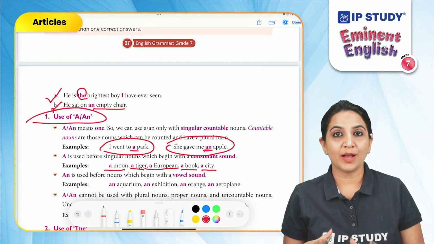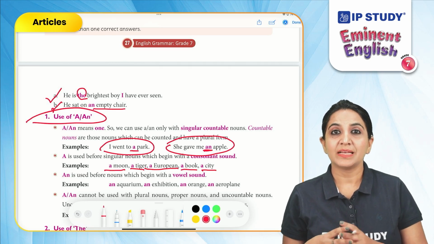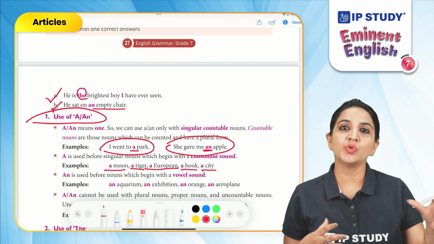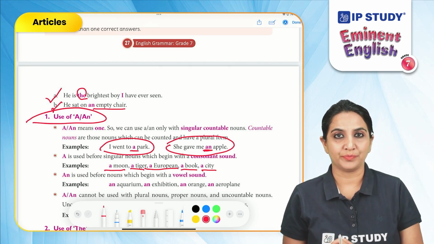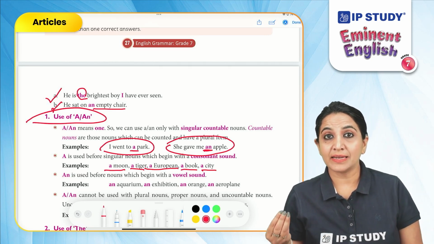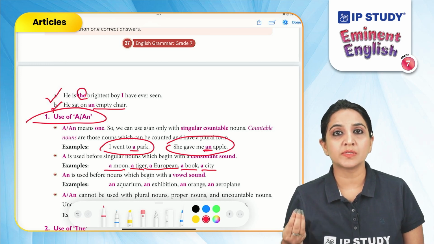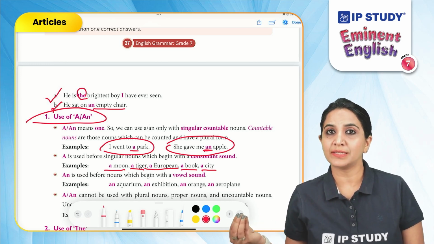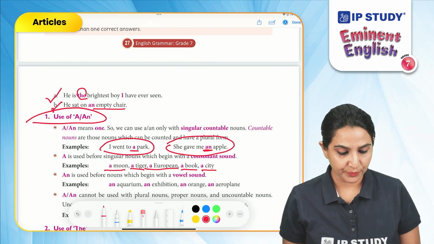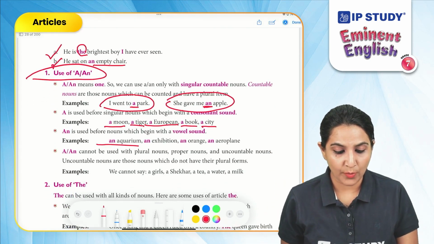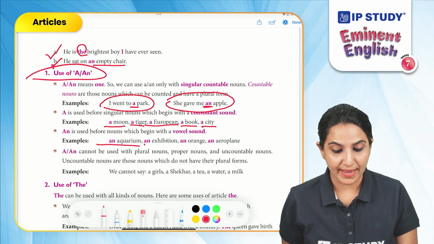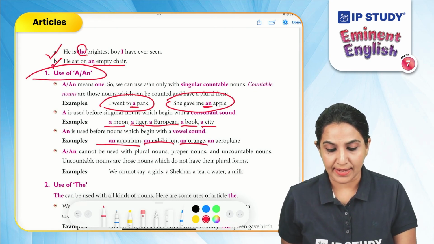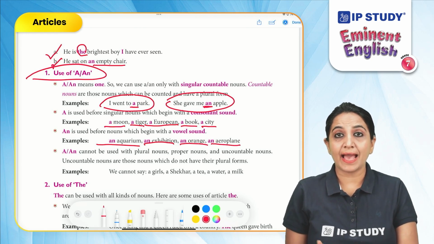Alright? Now, article an. Similarly as article a, an is also used with a singular noun. But article an is used with nouns which have a vowel sound. For example, an aquarium, an exhibition, an orange, an aeroplane, an apple.